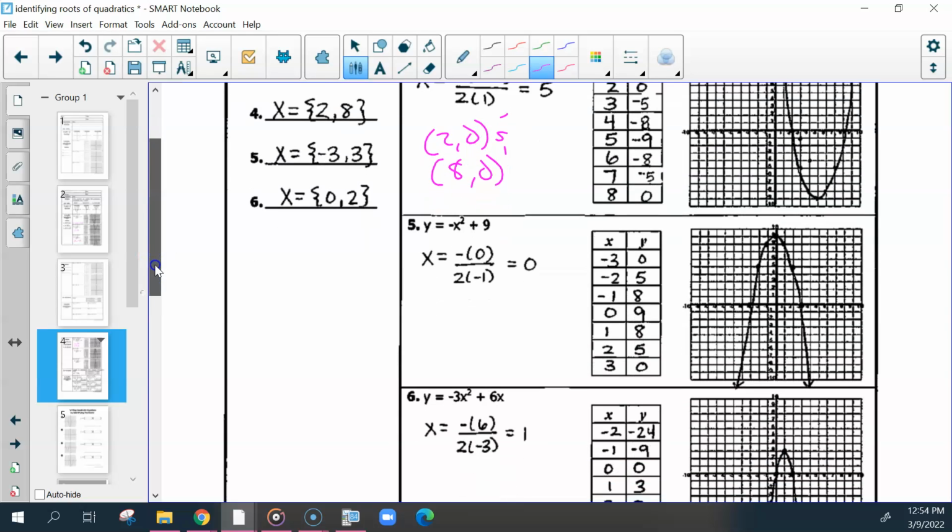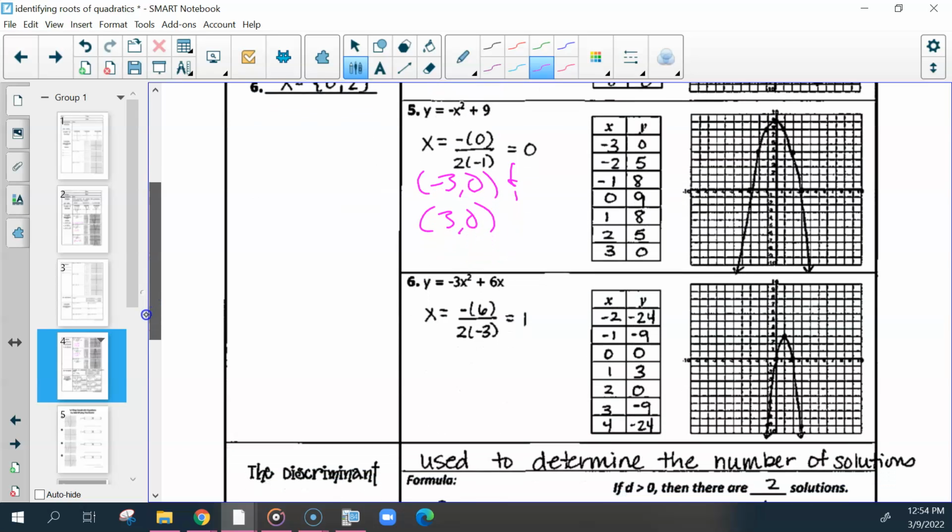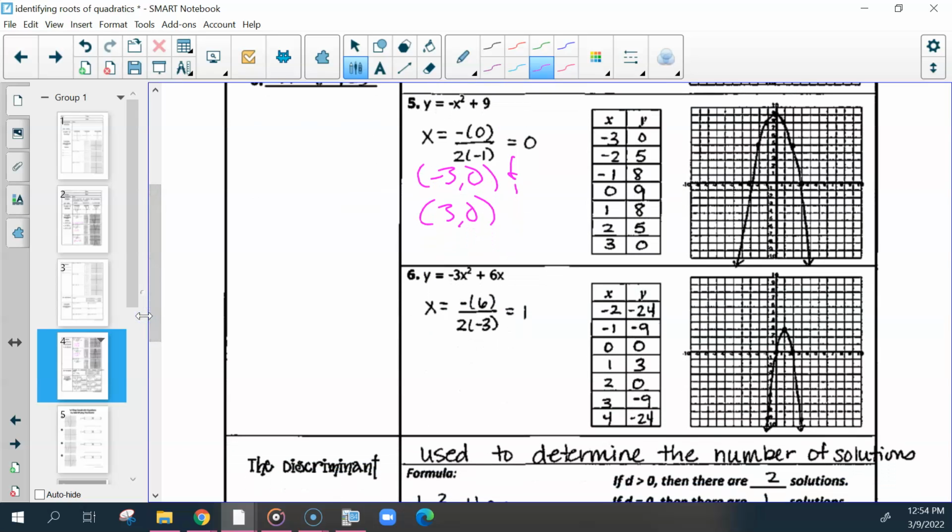Five also had 2 solutions at negative 3, 0 and 3, 0. Your last problem, number 6, had 2 solutions at 0, 0 and 2, 0.